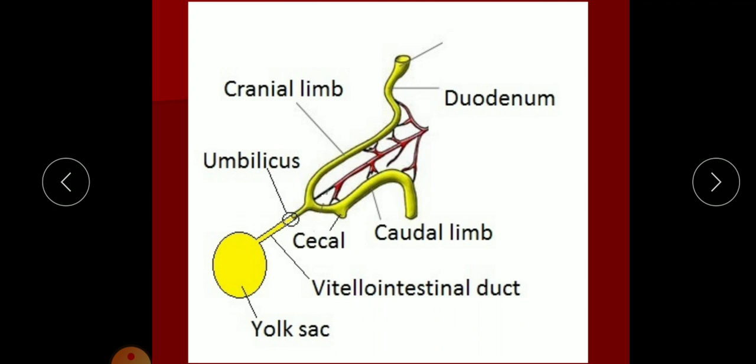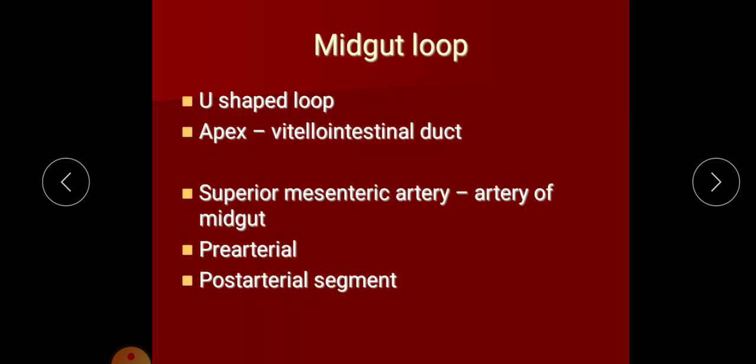Now you find a small bud termed the cecal bud, which develops in this postarterial limb or caudal limb. So look at that name, it is cecal bud. What will be the structures that develop from that? It will be of course cecum and appendix.